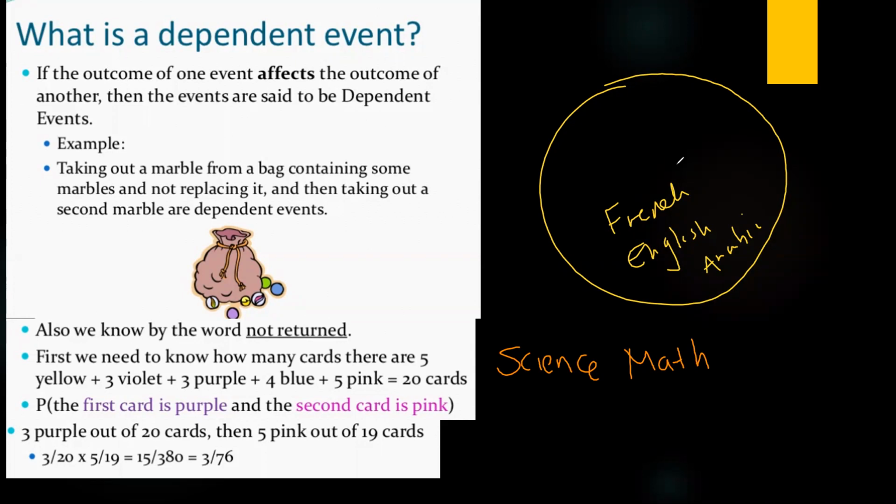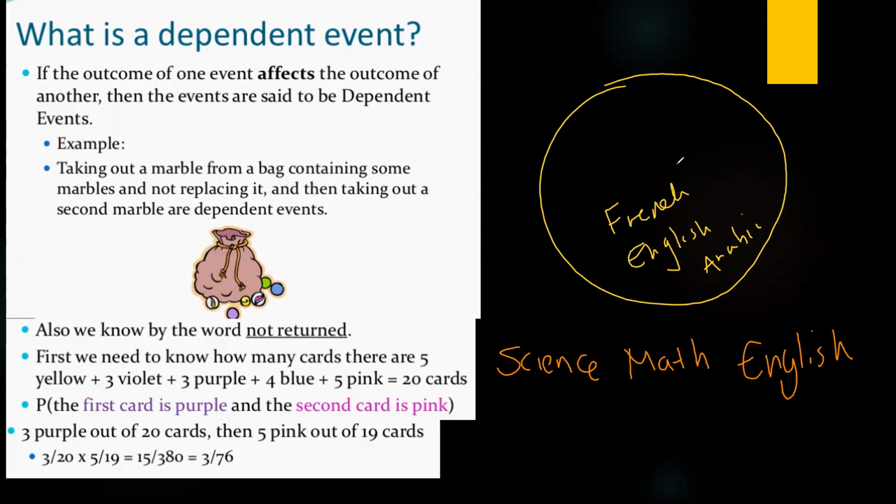English. So now, when Huda chose the English, the outcome of Huda depends on the outcomes of Basmala and Farah.